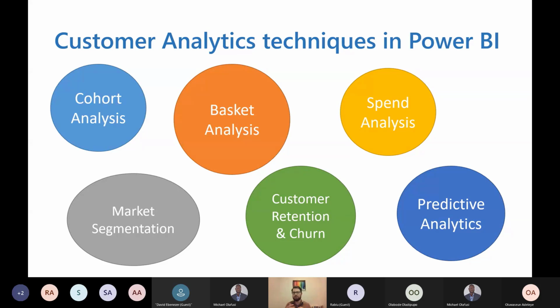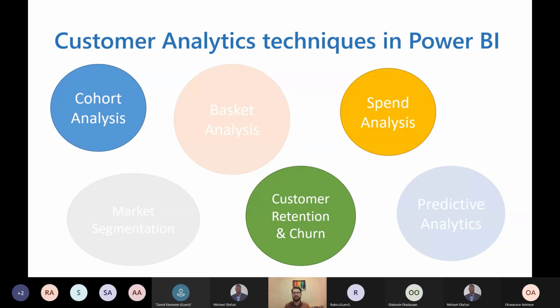Or we may even be able to predict what our customers are going to buy or how much they're going to buy from us, so we can aggregate that prediction into a sales forecast to help us understand the long-term health of our business. For the purpose of today, we're mainly going to be focusing on cohort analysis, but we'll also touch on customer retention, churn, and spend analysis as well.